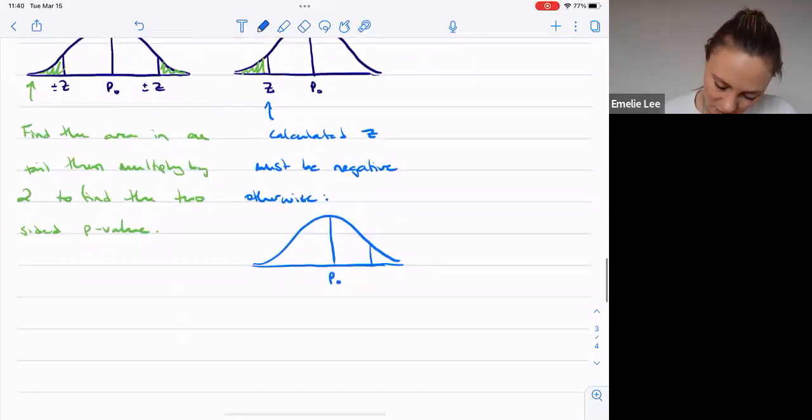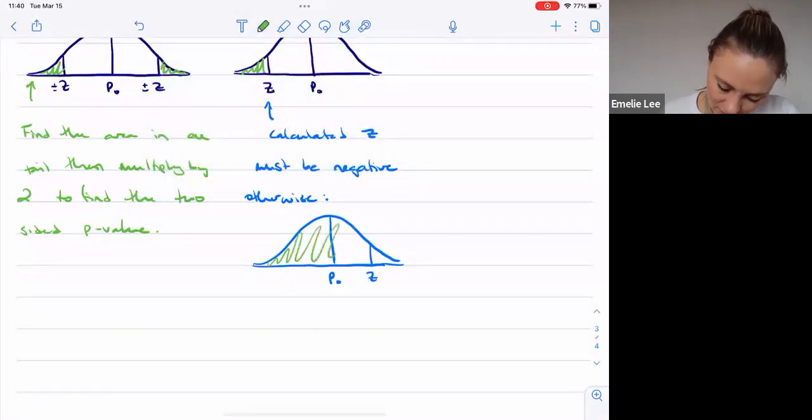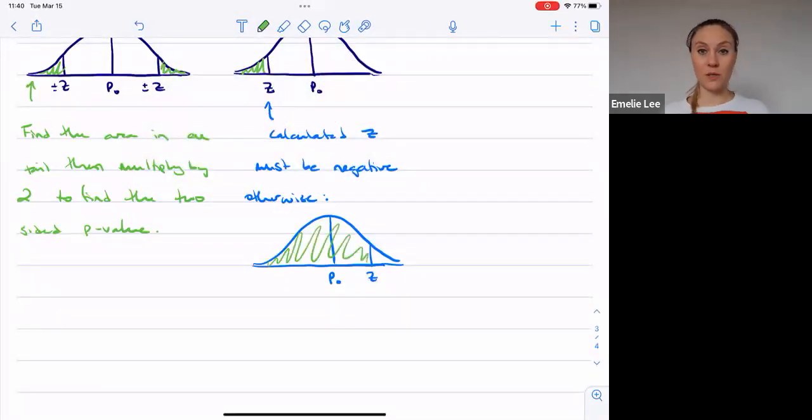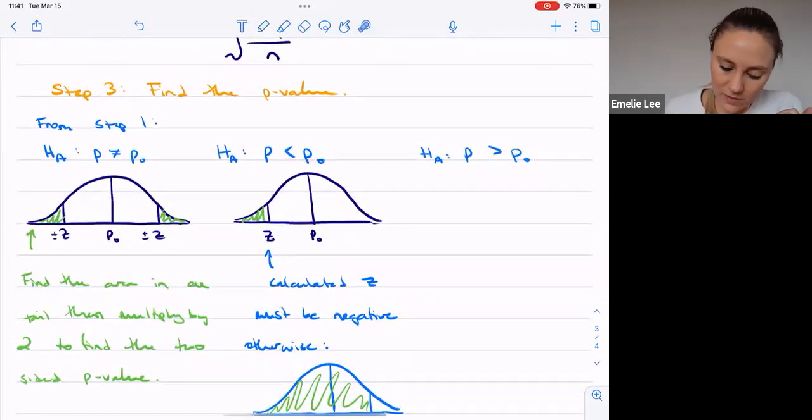So then maybe you'd have a Z up here, and this would be your p-value, which would be very large. So not enough evidence to reject H naught. There are a couple of questions floating around where I get you to test a hypothesis that doesn't make sense using the data. So then you get a huge p-value, and that's okay. It's just then you don't have evidence to say that P is less than P naught.